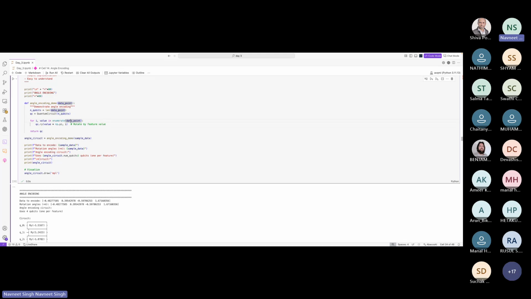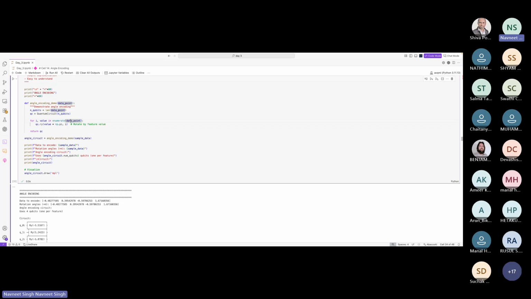Then we create a circuit with multiple qubits. We loop through these angles, and for each index, we apply an RY rotation with the theta angle to the corresponding qubit. So the first feature rotates the first qubit, the second feature rotates the second qubit, and so on.